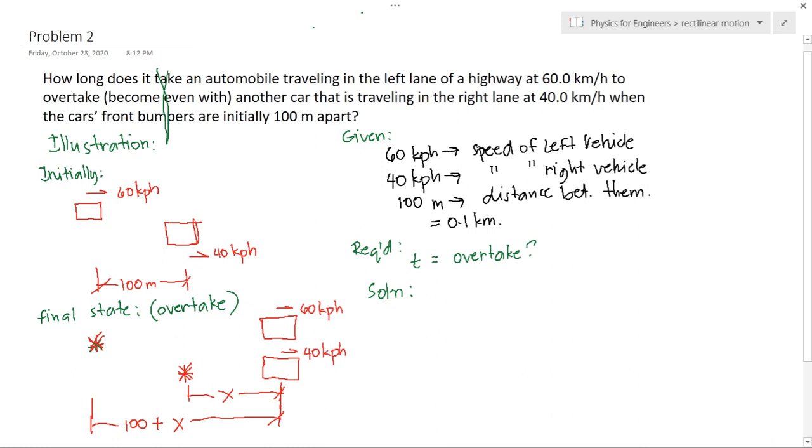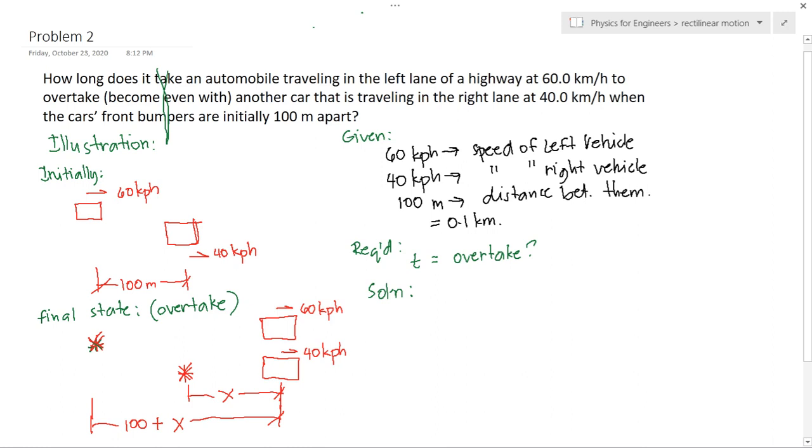Okay. We base our solution on the final state, since in the final state there's a variable there na x, and then it is also a gateway on how to solve the total time, kasi sa final state naman natin malalaman yung total time.